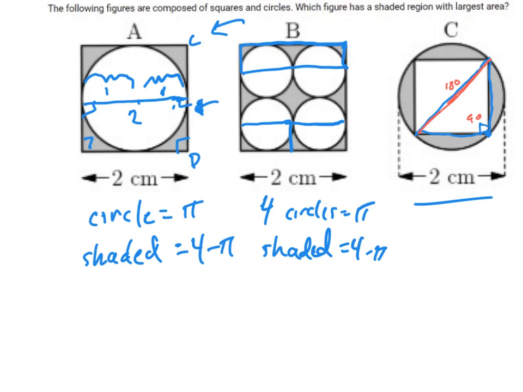Now we can look at this diameter right here as 2 centimeters because it's given in the problem as 2 centimeters. But that also means the diagonal of the square is 2 centimeters. The diagonal of a square and its side lengths form a 45, 45, 90 triangle, meaning these angles are 45 and this is 90.